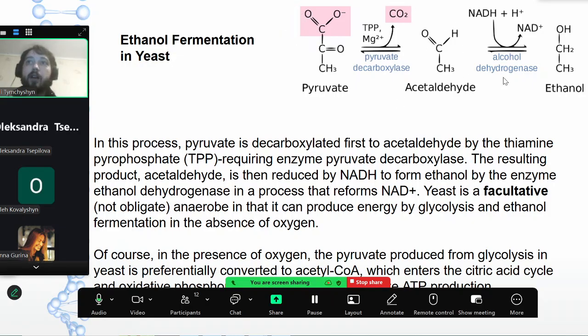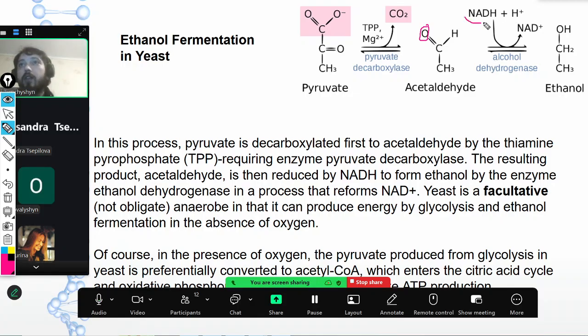This acetaldehyde, with the help of alcohol dehydrogenase, can be transformed into ethanol. You basically transform this oxygen into OH, and you get this H from NADH plus H+. So you use NADH, you get NAD+ at the end of the day, and this oxygen is transformed into OH.